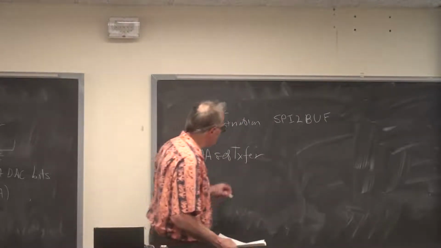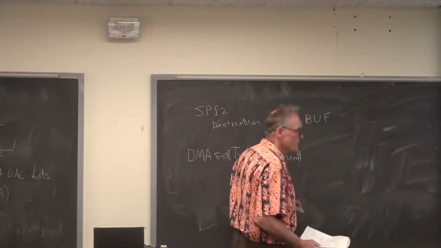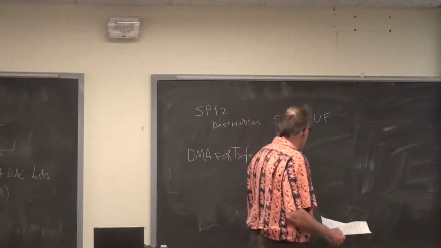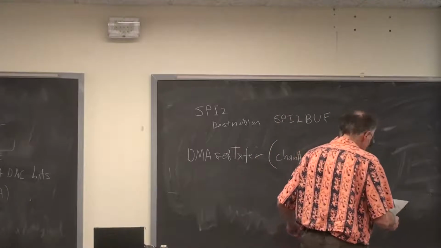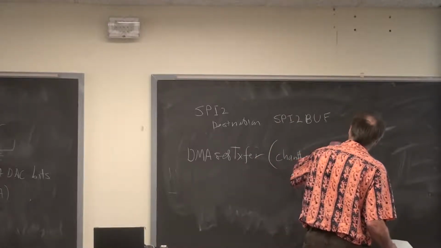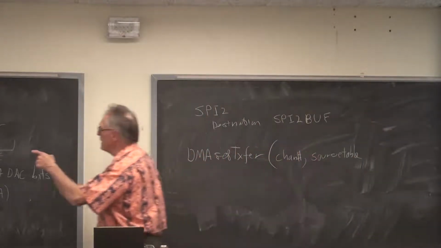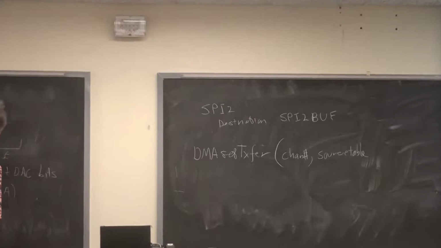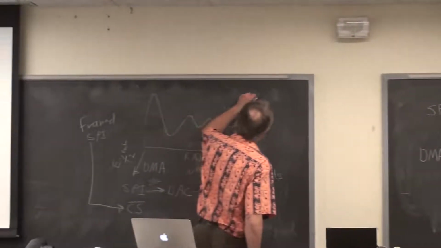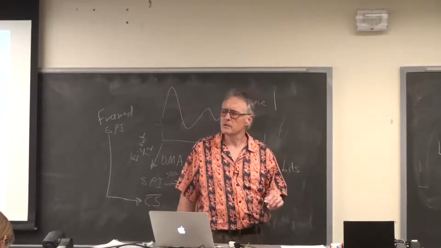So the DMA set transfer command that you're going to use is some channel number 0 through 3, almost doesn't matter. It's going to be the name of the source table, which is going to be the waveform ORed with, what are the top 4 bits?